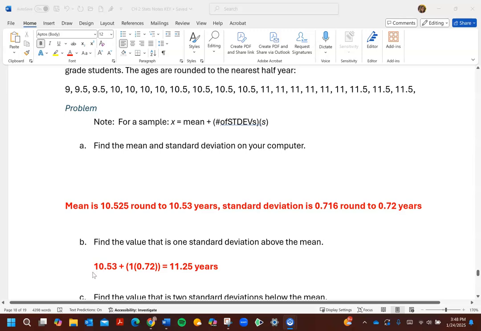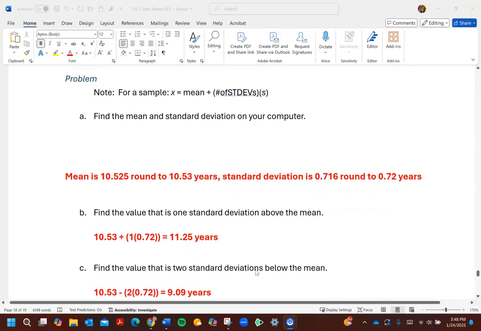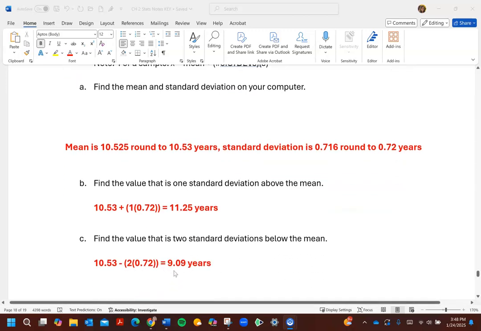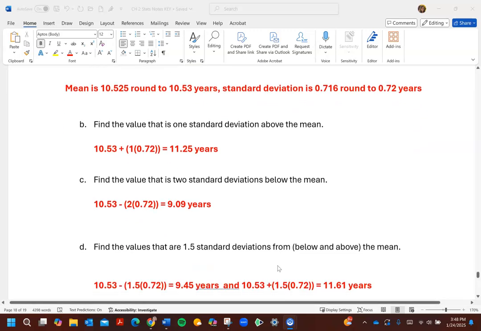We take the mean, add 1 times the standard deviation 0.72, we get 11.25 years. 2 standard deviations below is 9.09 years. Same formula, just make sure you change it to subtract here and change the number of standard deviations.